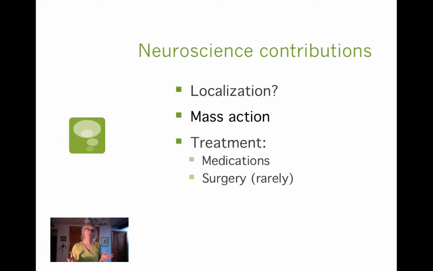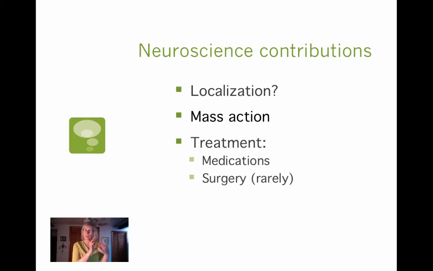We've talked primarily today about parts of the brain associated with certain kinds of behavioral problems. I also want you to think not just about localization, but also mass action, how the whole brain, the whole nervous system works together to create particular kinds of problems.